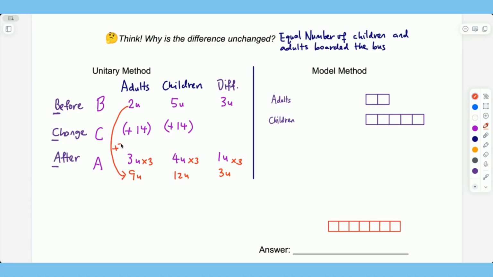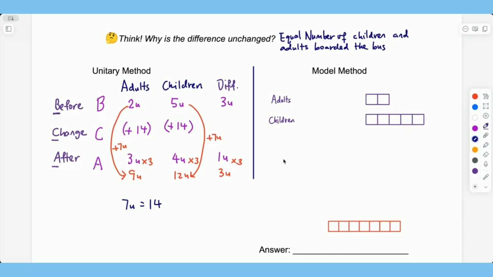That means I added 7 units. From 5 units of children, we get 12 units of children. That means we added 7 units. Hence, we can see here that 7 units is equals to 14 adults, and 7 units is equals to 14 children. Let's put that down. So 7 units is equals to 14.